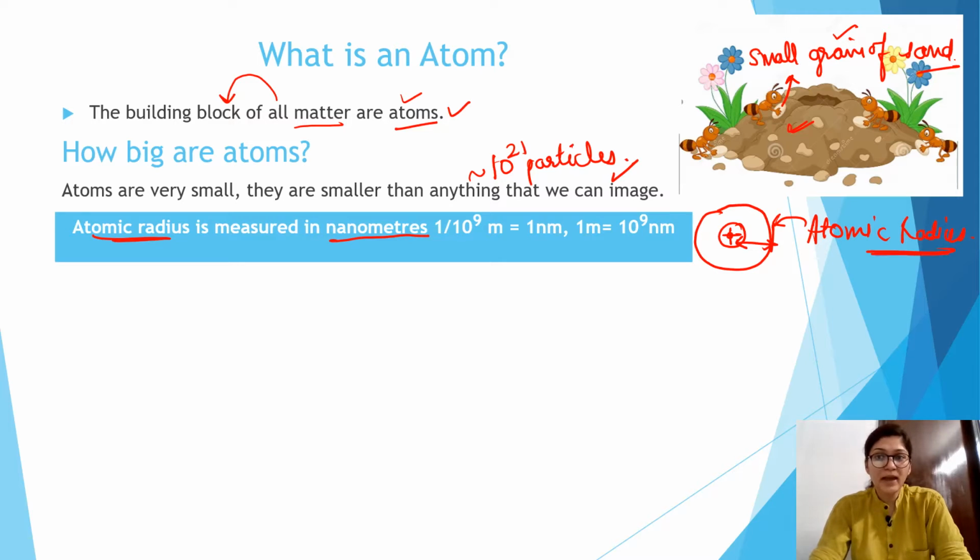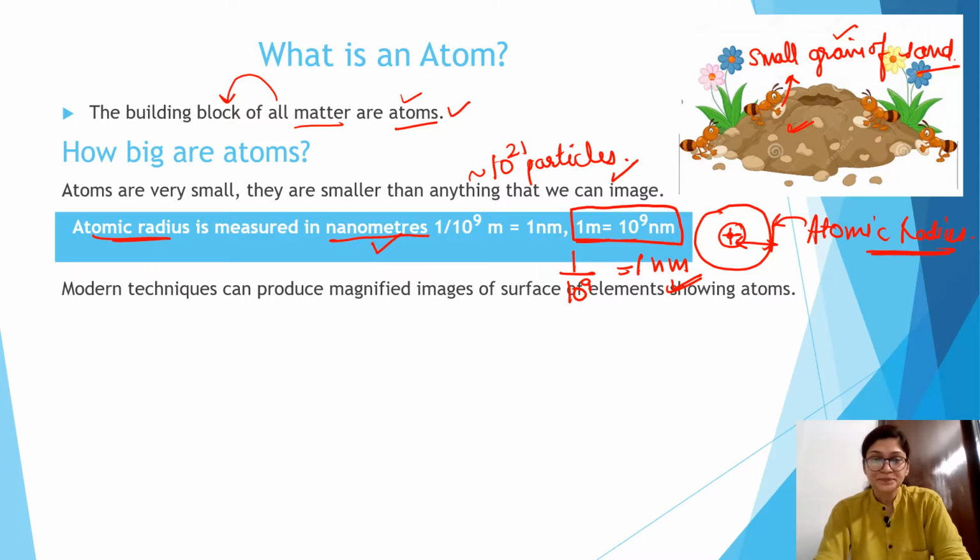So if we determine the atomic radius, then we know the size of the atom, and it is measured in nanometers. 1 meter is equal to 10 raised to power 9 nanometers. Or else if we want to know 1 nanometer, then just take this part down, and this is the 1 nanometer, right?